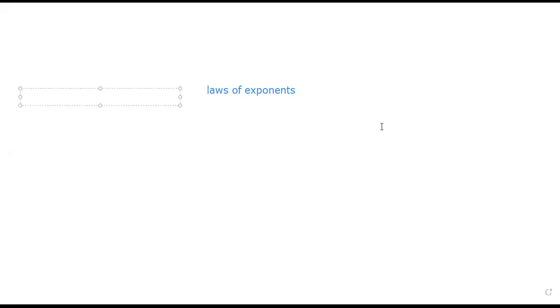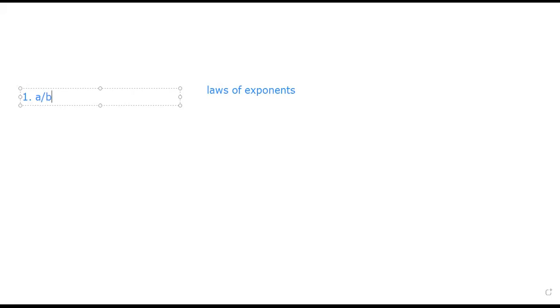So let's start. Law number 1 says that a/b, and when I'm taking a/b, it means that a and b are constants. They have no values. Later, I'll even show you with examples.